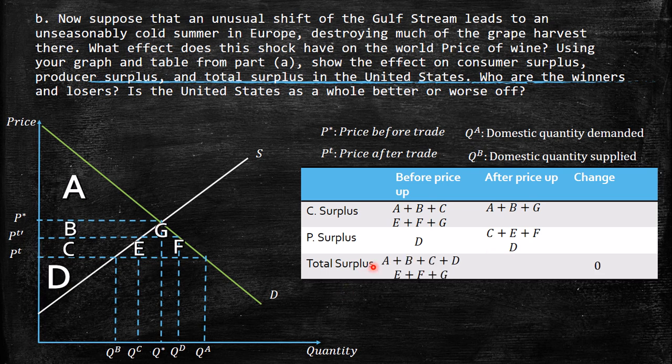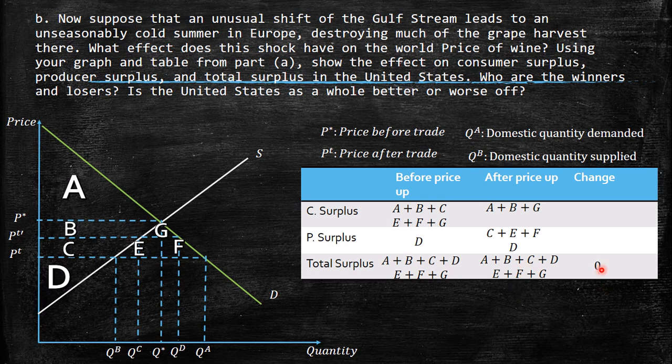So the total surplus before is all of this one, and the total surplus after is this, but without E and F. So omit E and F here.